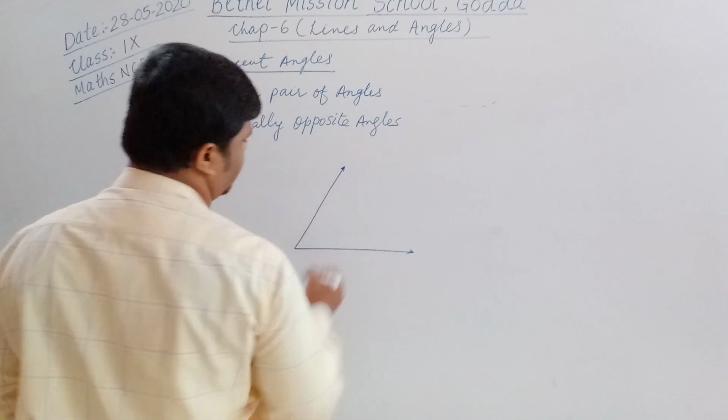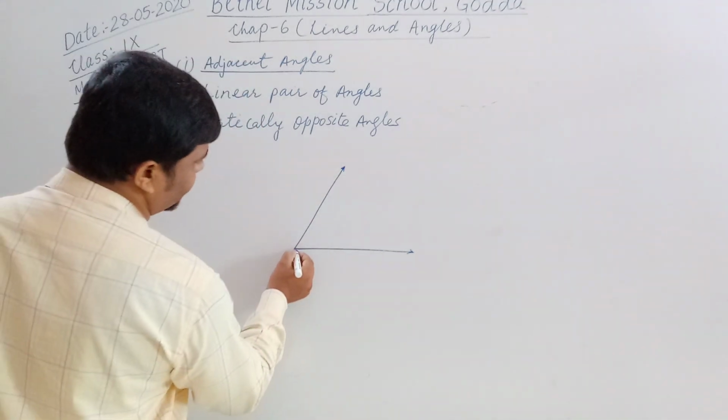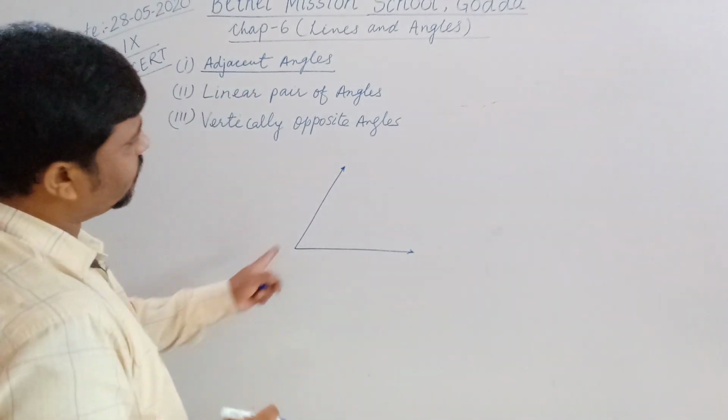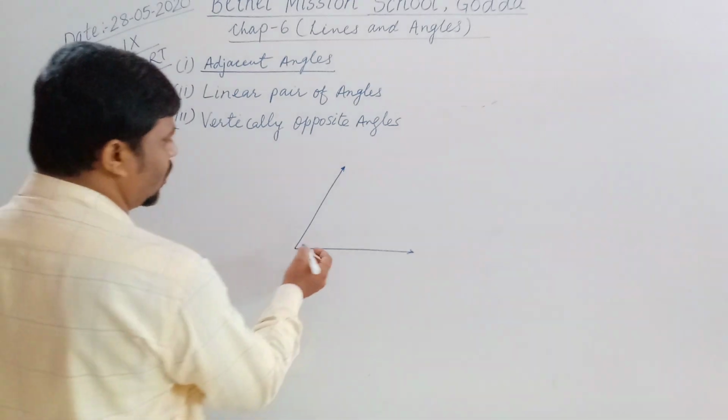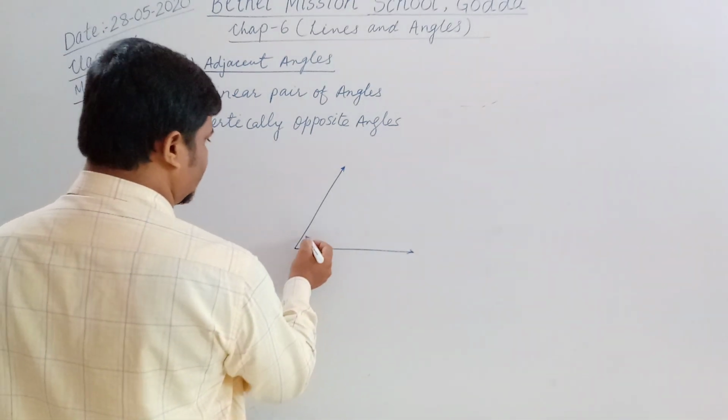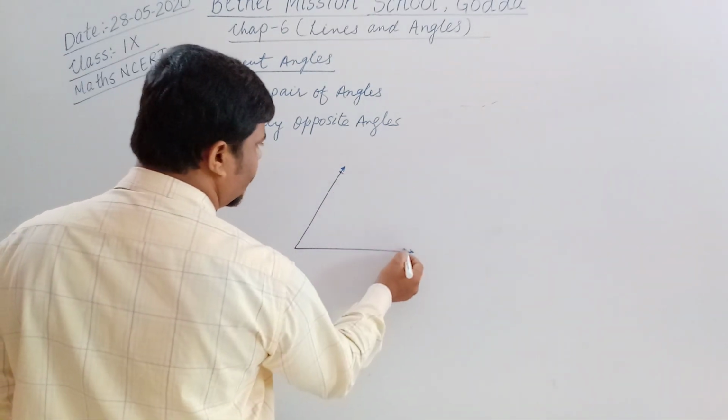These are two rays, and the space between two rays is called an angle. That is the definition of an angle.